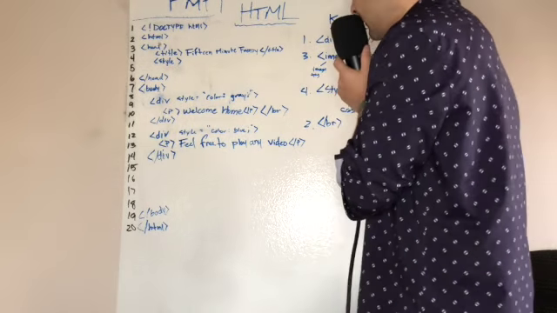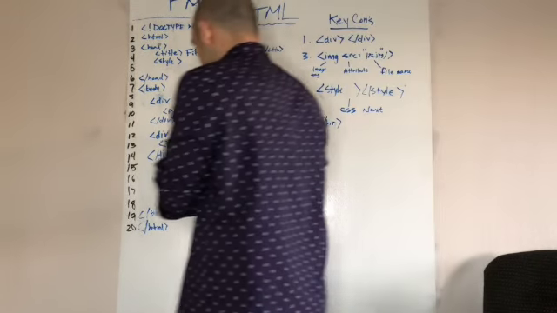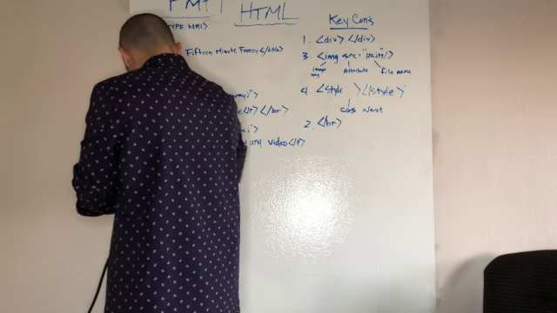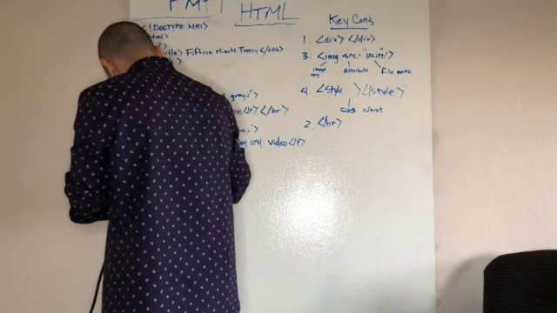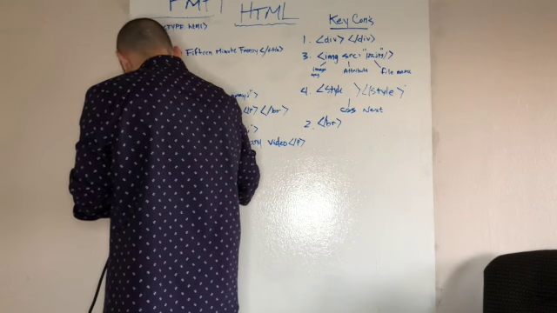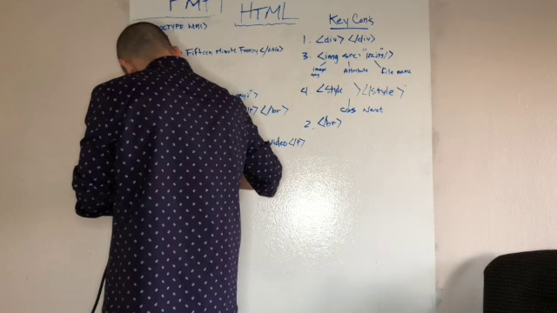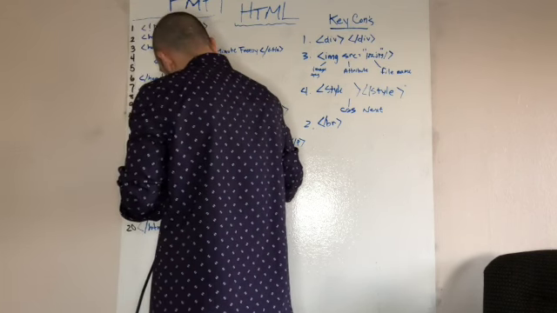The image tag, I don't have one written down. Let's do another div for the image tag. And remember, the white space is ignored. Div, image, source equals quote blah blah blah.